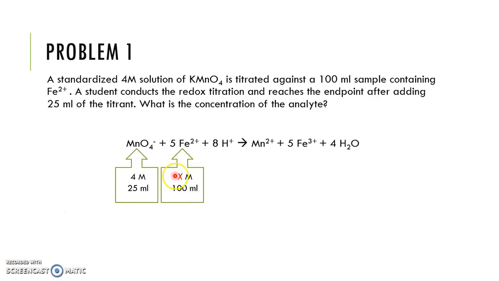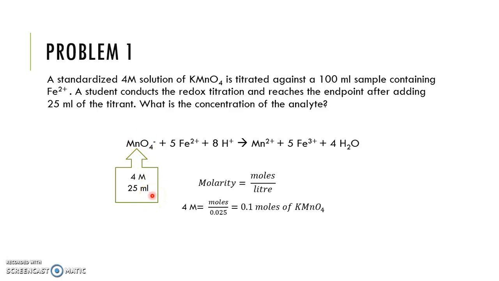Therefore, to calculate the unknown concentration, we need to look for the number of moles in 25 milliliters of this potassium permanganate. We can use this formula to find it. Therefore, from the calculation, there are 0.1 moles of potassium permanganate in 25 milliliters.